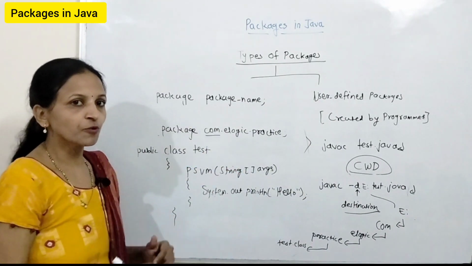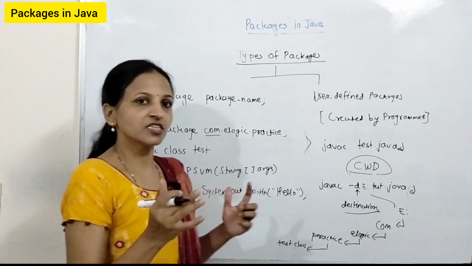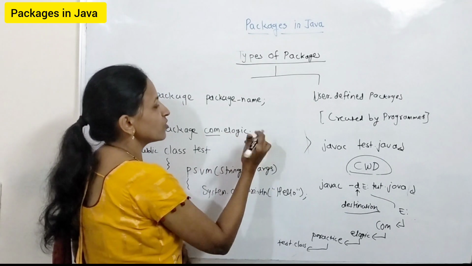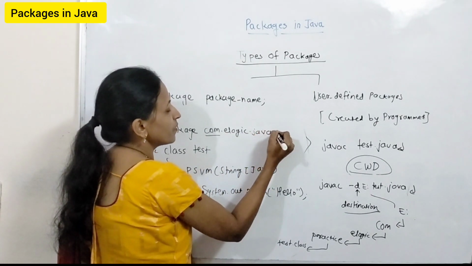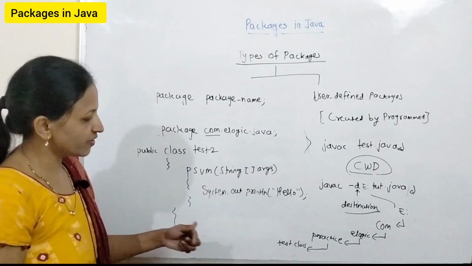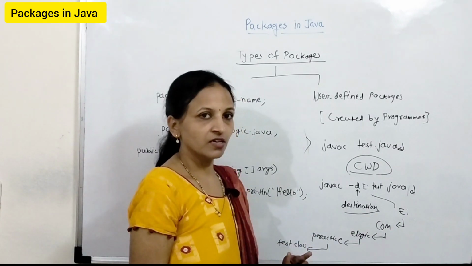For example, suppose we have written another Java program, and there we write com.elogic.java, and here suppose I am writing class test2. Now we have already created the test.class file, and it is saved here like this.